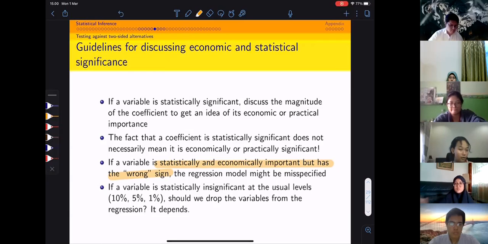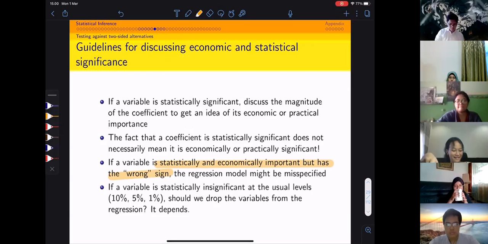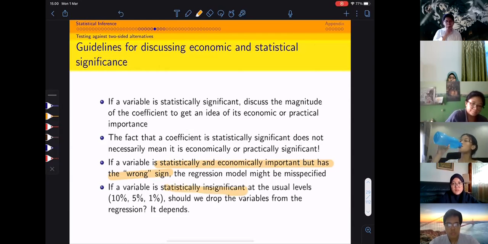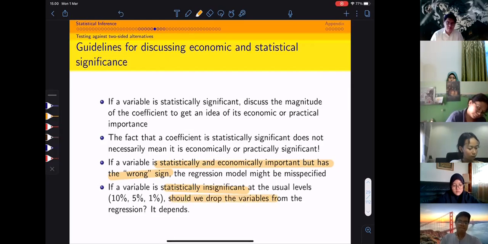Now, another point that I'd like to make, and it's going to be correlated with the discussion in the subsequent slides. If a variable is statistically insignificant at the usual levels, 10%, 5%, 1%, should we drop the variable from the regression? Well, the answer is it depends.